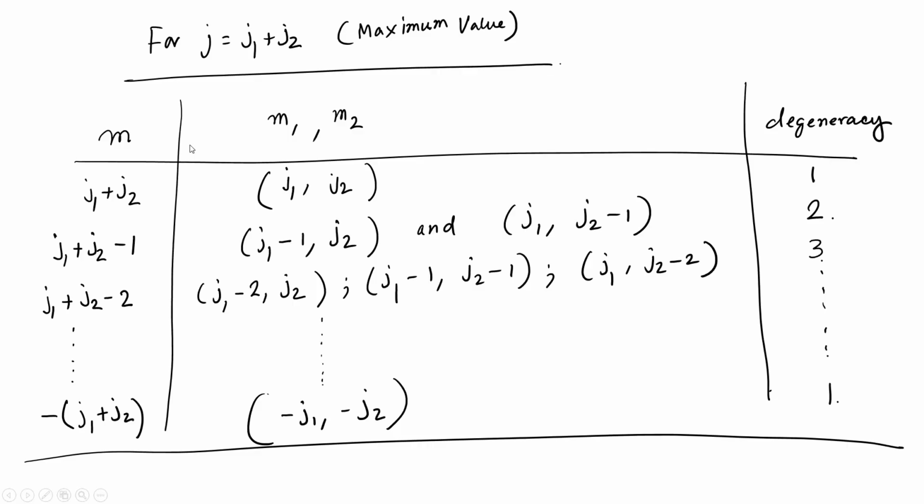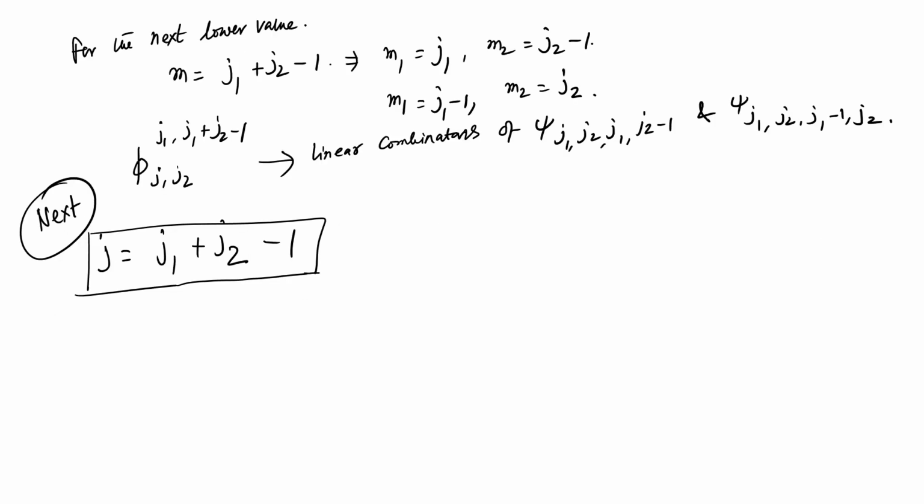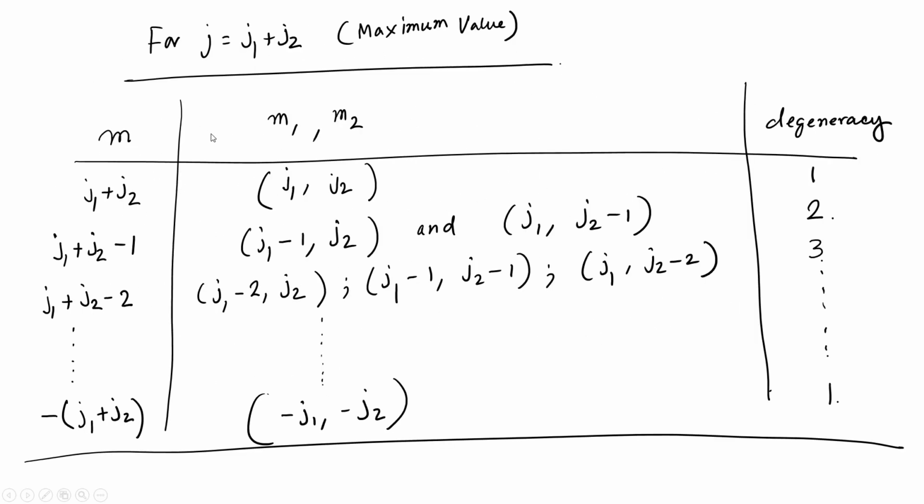Okay. So, this J takes all positive values, and we are going to find out for that one. Now, for J equal to J1 plus J2 minus 1, the maximum value of M will start from the second value, because that will be the maximum value of M for J to be J1 plus J2 minus 1.